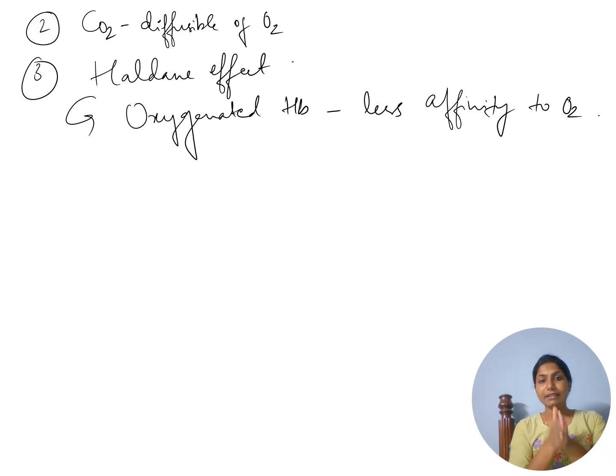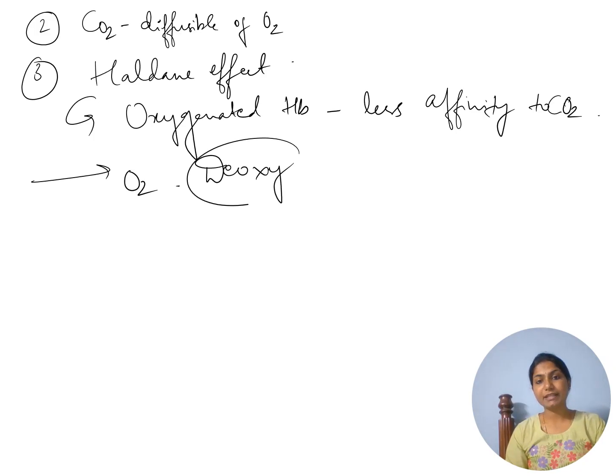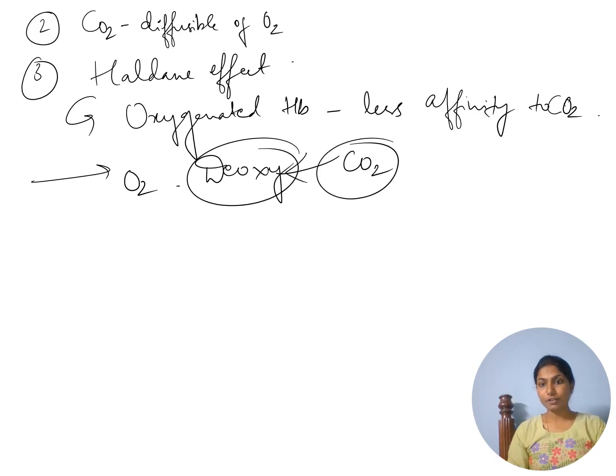So I will repeat. Whenever there is oxygenated hemoglobin, this will have less affinity to carbon dioxide. So whenever the maternal hemoglobin readily releases the oxygen to the fetal circulation, it becomes deoxygenated. Whenever it becomes deoxygenated, it has higher affinity for carbon dioxide, which is readily unloading from the fetal side.